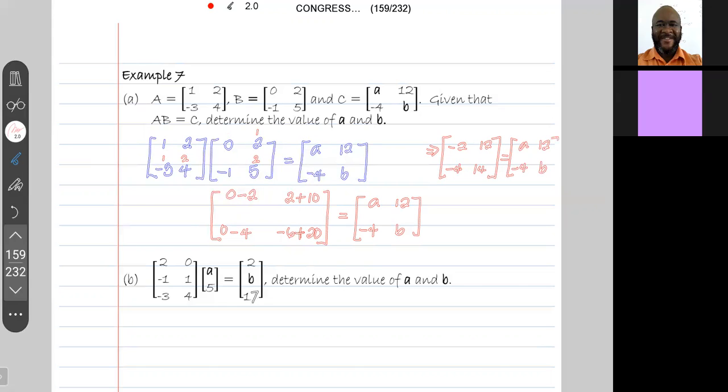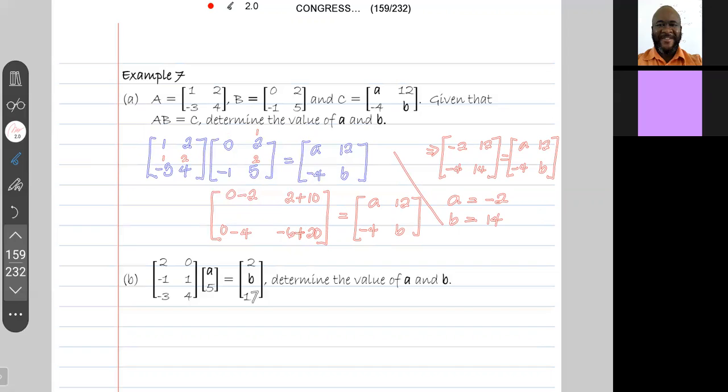Now, if two matrices are equal, corresponding elements are equal. So A, which is the top left element on the right, is equal to minus 2, the top left element on the left. And B, which is the bottom right element on the right, is equal to 14, the bottom right element on the left.